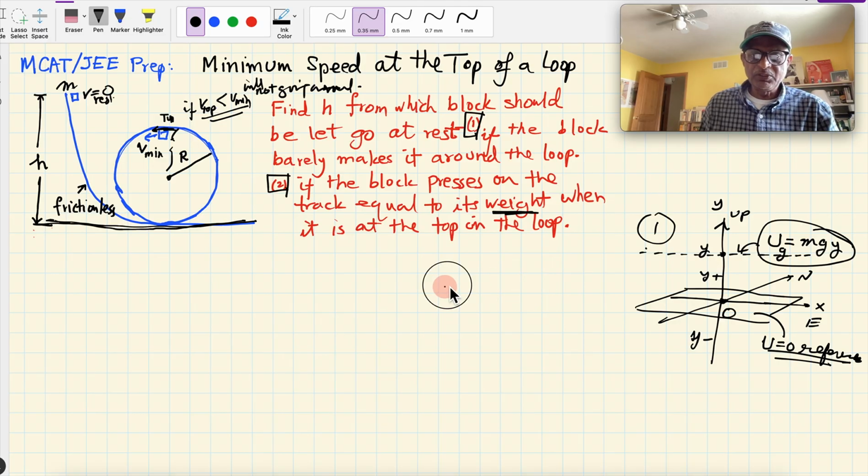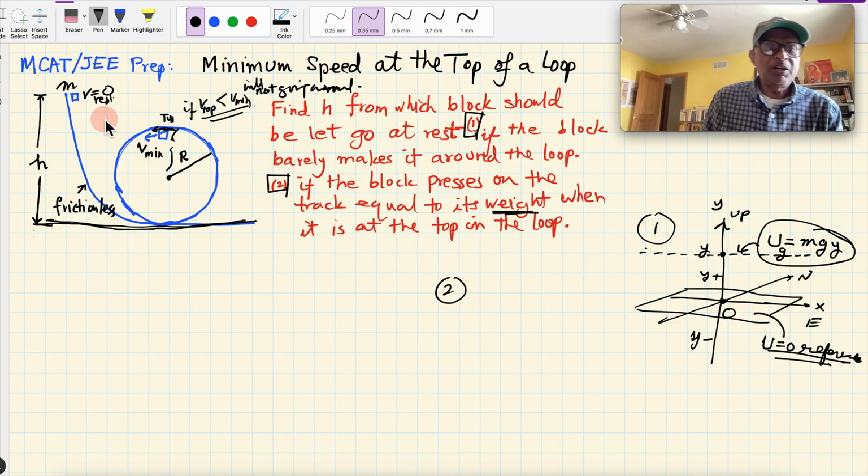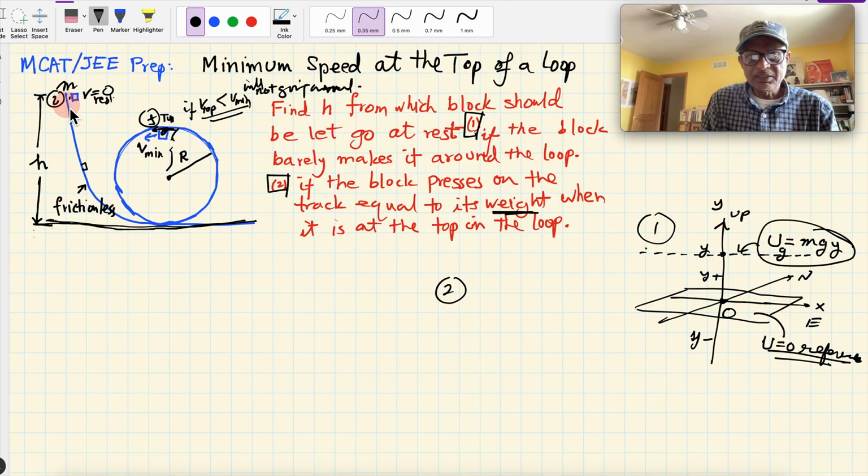Another bit of information you need is that at no point is there any other non-conservative force. If you look at any part of the track, when it went from here all the way here, this is the initial point and this is the final point we're examining. This is the path that the object took.